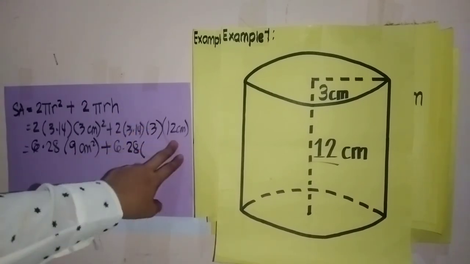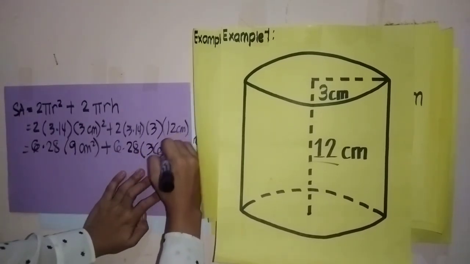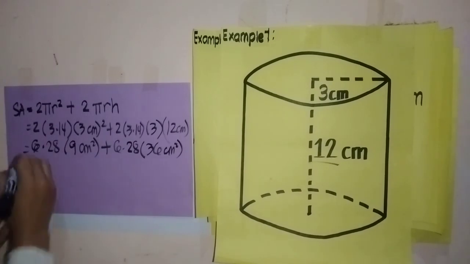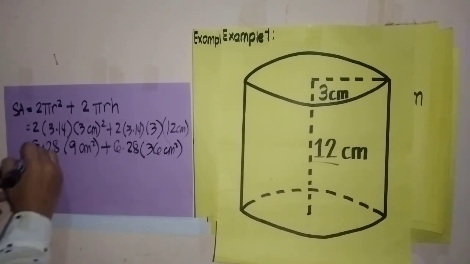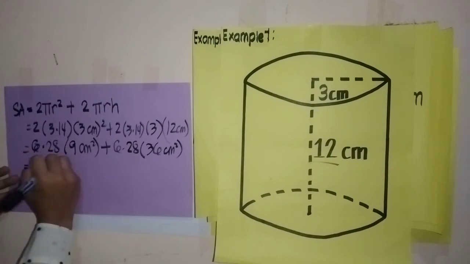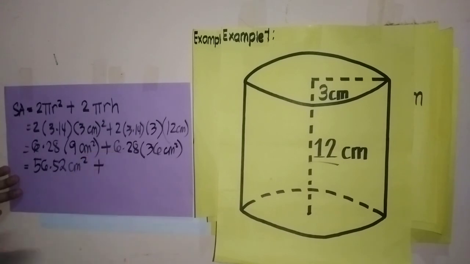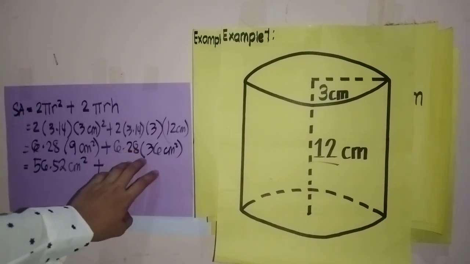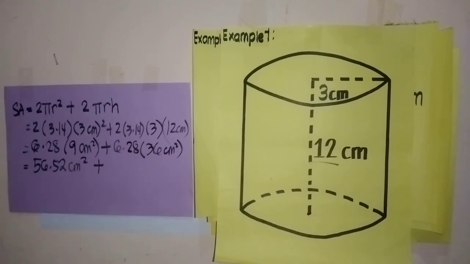So 3 times 12 is equal to 36. So 6.28 times 9 centimeters is equal to 56.52. And 6.28 times 36 is equal to 226.08 centimeters.